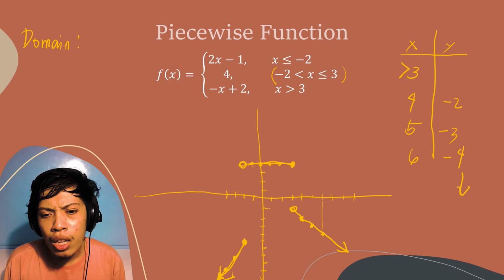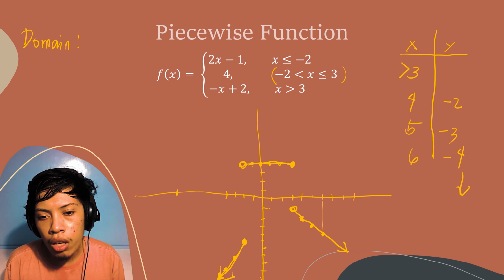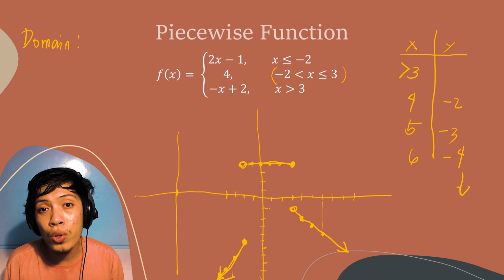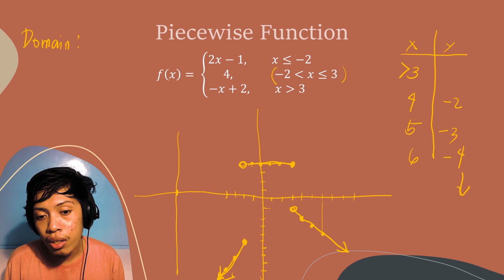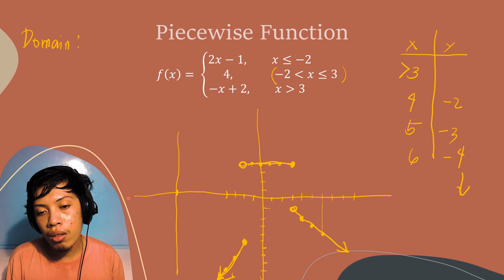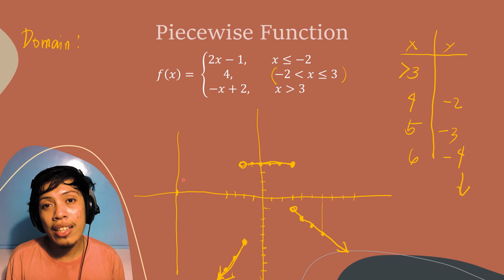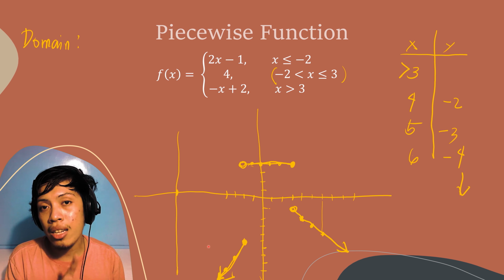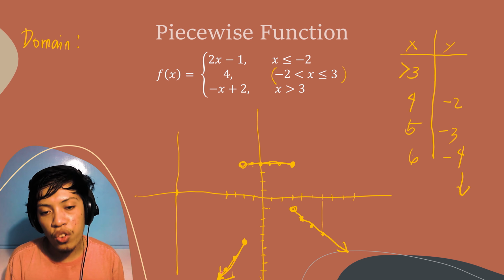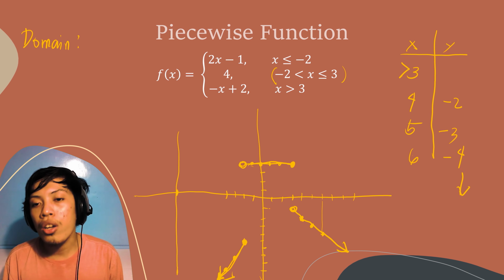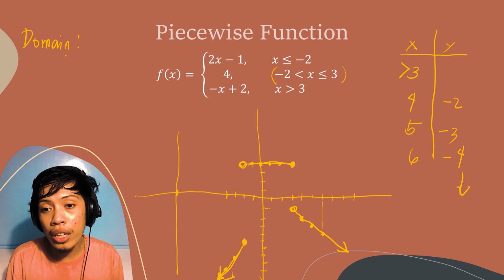For example, if you choose this point and draw a vertical line, this vertical line is bound to intersect the graph. If you move this line from the left to the right, it guarantees that this line will intersect at least once on any of these three graphs. Therefore, your domain is all real numbers, or from negative infinity to positive infinity.